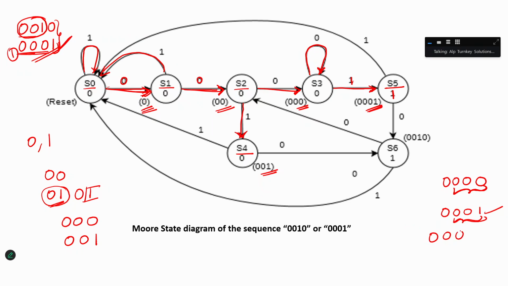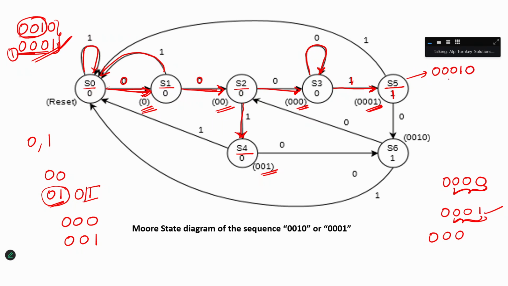Next if it is 0 0 0, we check two cases at S3. At S5, I got the sequence 0 0 0 1, and next my sequence is 0.